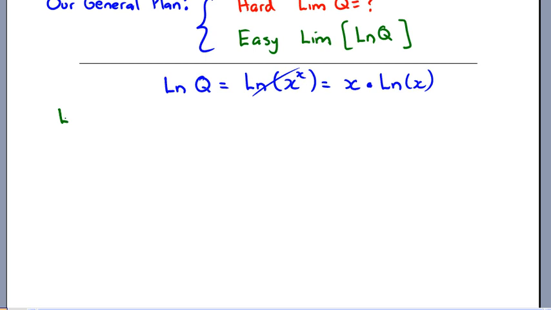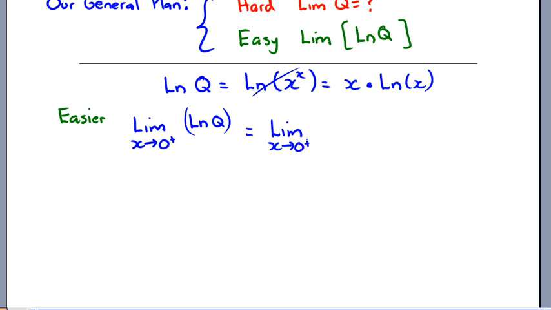So this is slightly easier. It's not even their question, but we're going to give it a try. How about we do the limit as x goes to 0 plus, because that's what they want, of the ln of Q. Let's do the limit as x goes to 0 plus of x times the ln of x.